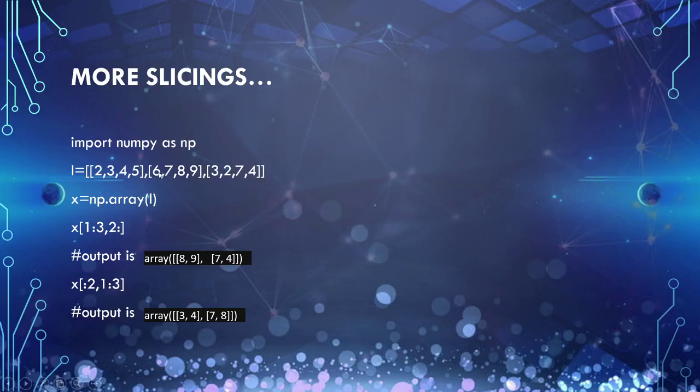This is the 0th column, then 1, 2, 3. So 0, 1, 2, 3. So 2 and 3 will be taken, and here 2 and 3 will be taken. Why these? Because the first argument for rows says I have to take only the first and second row, and for columns I have to take the second, third, and everything possible from the second.